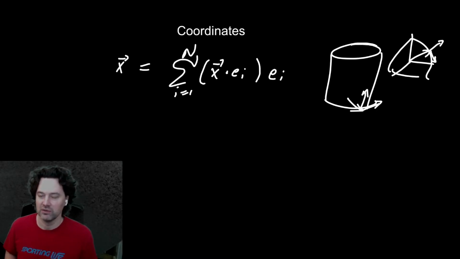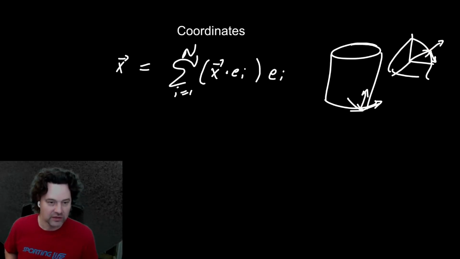But in general, we don't necessarily have perpendicular vectors, or we don't necessarily have unit vectors at each point.